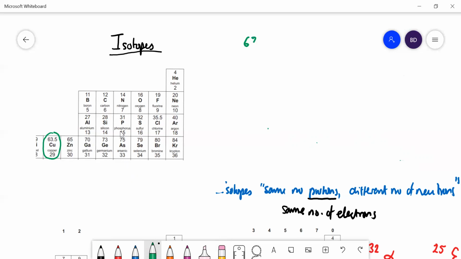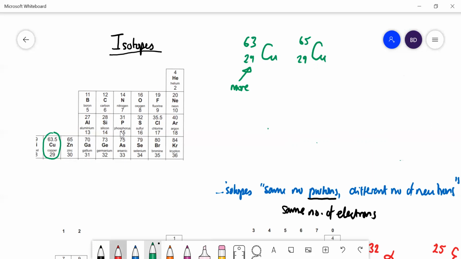There's one that's 63 and there's one that's 65. So again, they've both got 29 protons, different numbers of neutrons, and the average value is 63.5, and that tells you that you've got more of this one naturally occurring. You've got 75% of that one and only 25% of the other.